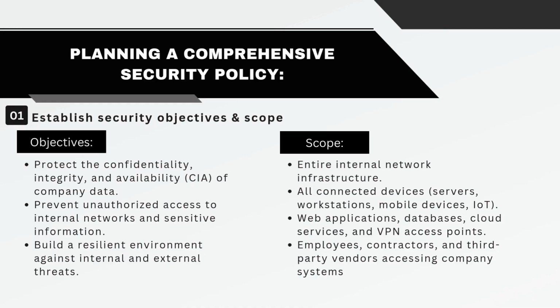Next is scope: entire internal network infrastructure, all connected devices, which are servers, workstations, mobile devices or IoT, web applications, databases, cloud services, and VPN access points. And lastly, it includes employees, contractors, and third-party vendors accessing company systems.